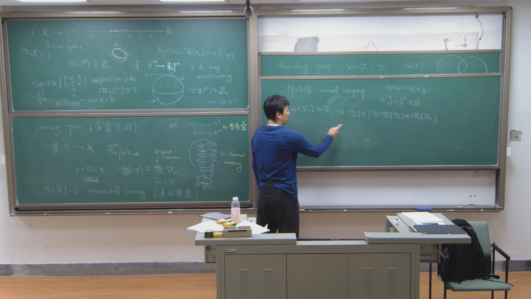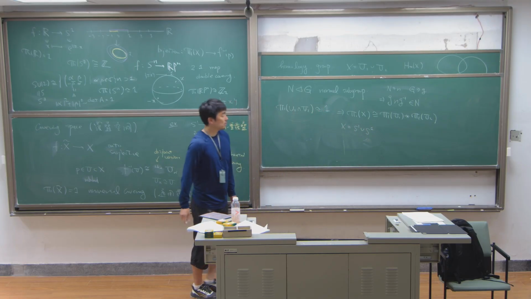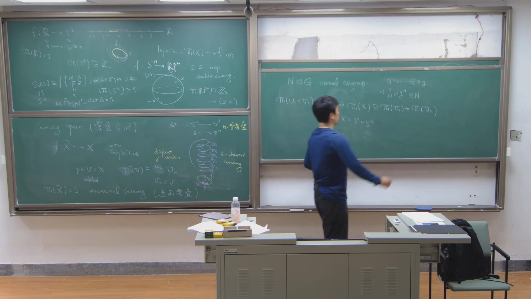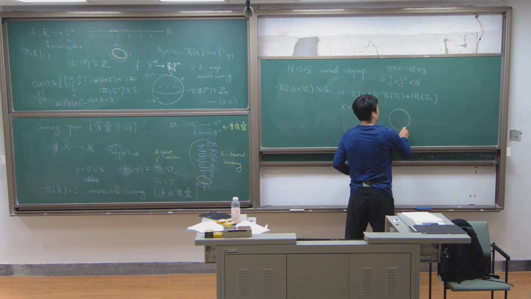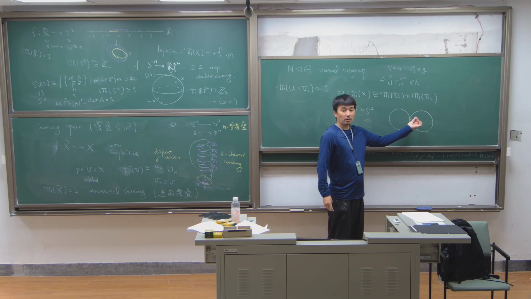The simplest example of the van Kampen theorem is X equals S1 wedge S1, where you glue two circles at one point.